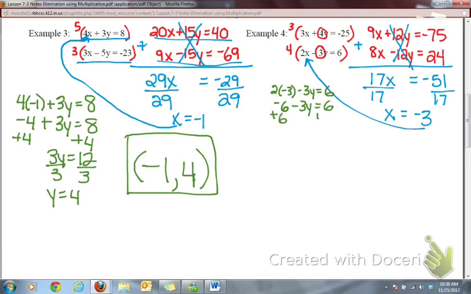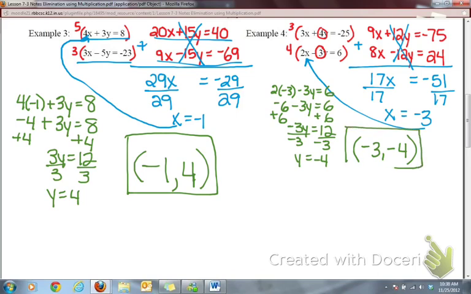Add 6. Negative 3y equals 12. Divide. And y equals negative 4. So you have the ordered pair negative 3, comma, negative 4, which is where these two lines would intersect if we were graphing them, which we would still probably be working on. And this way we're done.